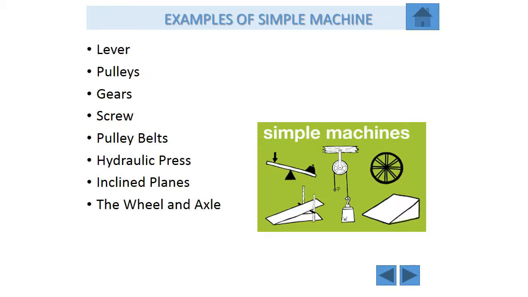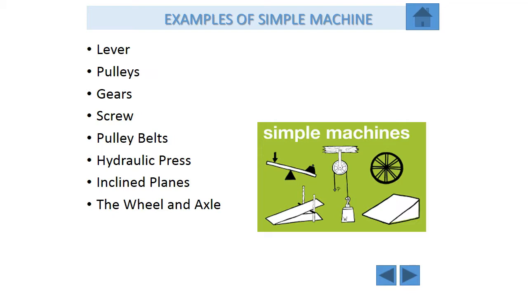The last subtopic is the examples of simple machines. The following are examples of simple machines: the lever, the pulleys, the gears, the screw, the pulley belt, the hydraulic press, the inclined plane, and the wheel and axle.